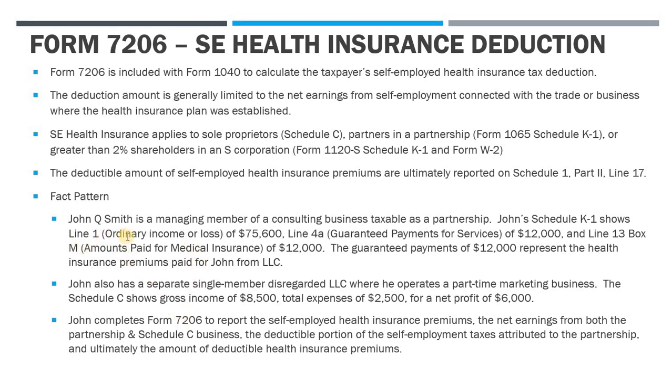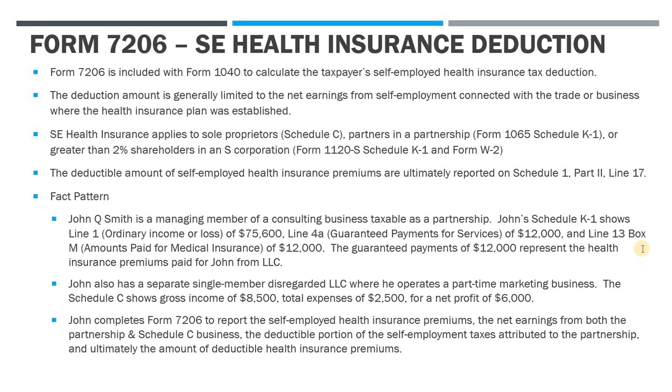So in our fact pattern here, we have John Smith. He is a managing member of a consulting business, and that business is taxed as a partnership. So John gets a Schedule K1 that shows line 1, ordinary income or loss of $75,600. Line 4A, which is guaranteed payments for services, shows $12,000.